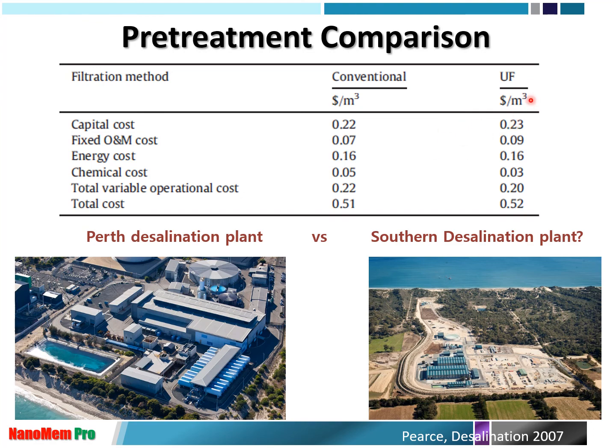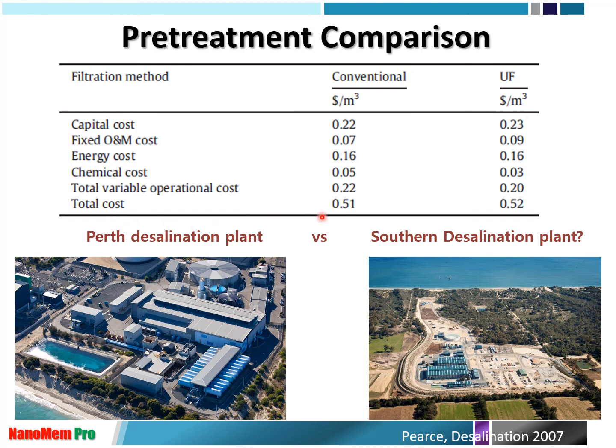So considering their capital cost around 0.2 to 0.23, then O&M cost, energy cost, chemical cost for the cleaning, and then total cost.